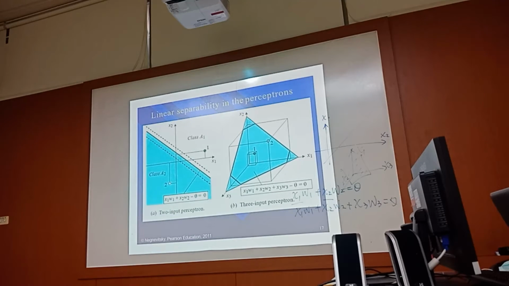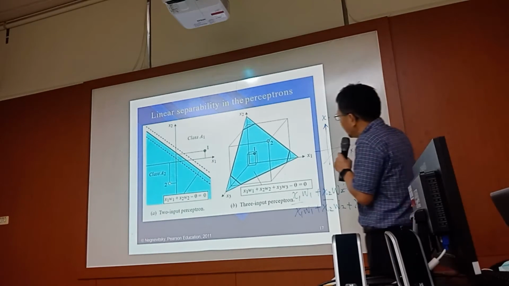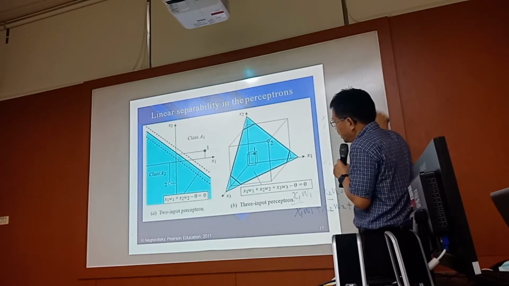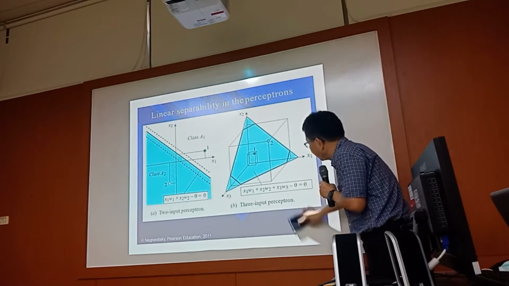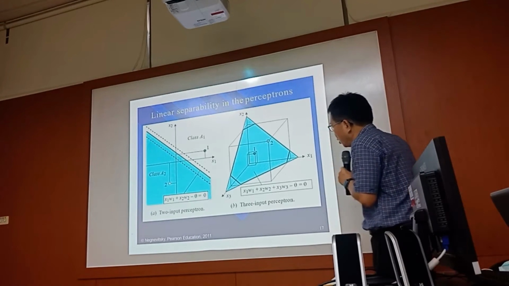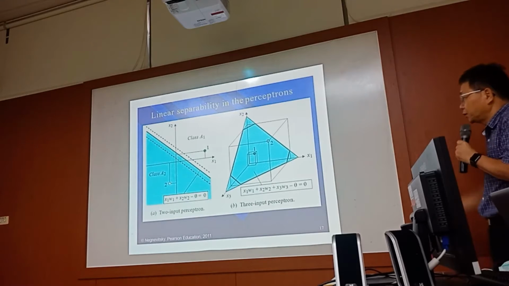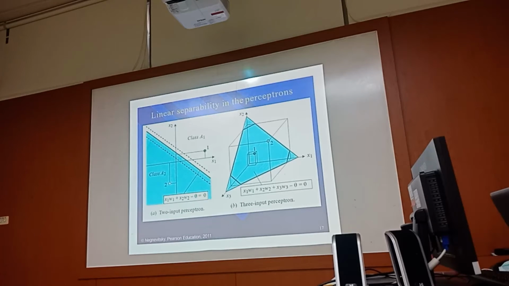If n is 2 or n is 3, when we draw it, it becomes 2 dimensions or 3 dimensions. 4 dimensions we cannot draw. Have you ever found someone who can draw a figure of 4 dimensions?